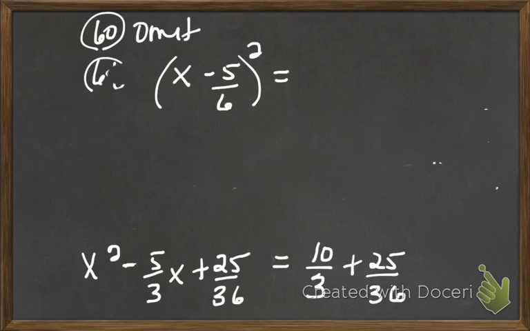If you're going to use your calculator, you're going to do 10 ABC 3 plus 25 ABC 36. That's going to give me a mixed number. We don't want a mixed number, so we're going to hit second ABC again and then hit enter, and it's going to turn it into an improper fraction. 145/36.